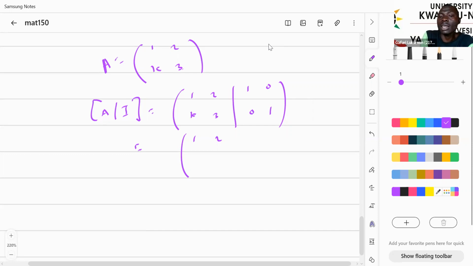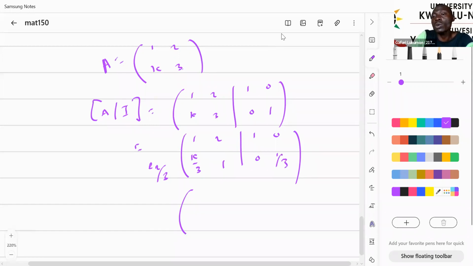Then I can divide row 2 by 3. If I divide row 2 by 3, I am going to have k divided by 3, 1, and on the identity side 0, 1 over 3. Then it remains to make this entry 0.